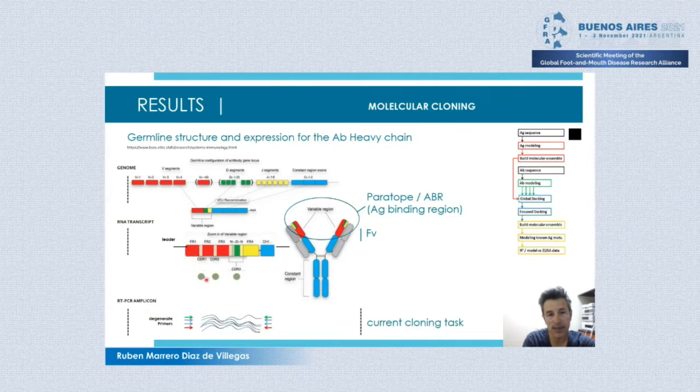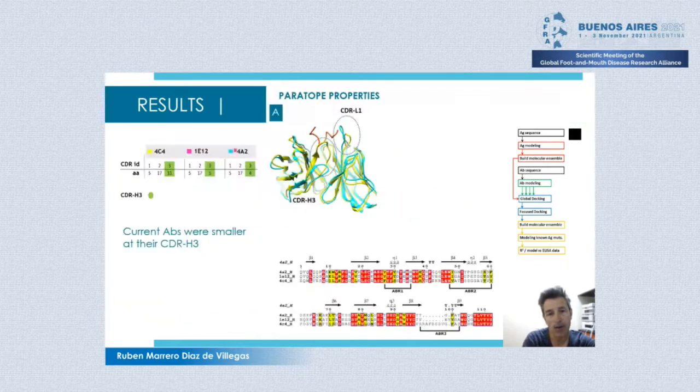Here the CDRs, the complementarity determining regions, determine the paratope, the antibody binding regions in the antibody properly. So here we display some information about the new antibodies.